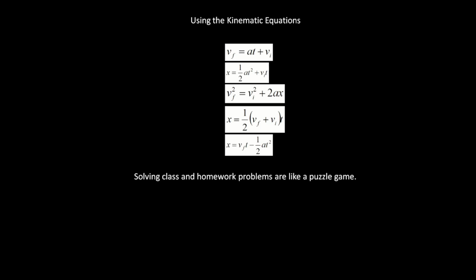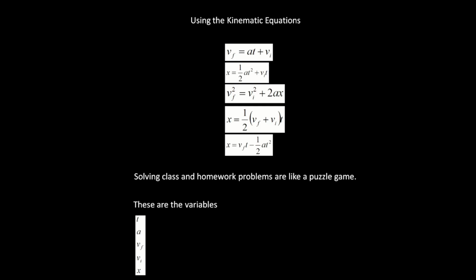And one thing I like to say a lot with these equations is I do think of it as kind of a puzzle game. You have these pieces you need to put together and figure out how to put together, and then you have your final picture. And what that means is we're going to have these 5 variables. These variables will be given to you in the problem, or they might be ones you have to figure out.